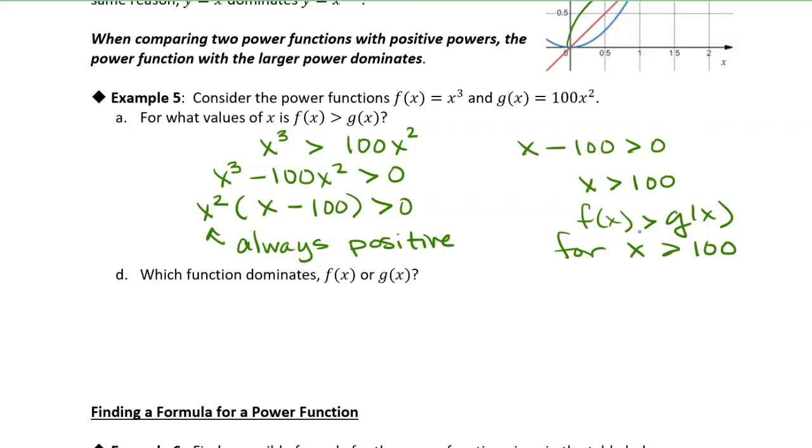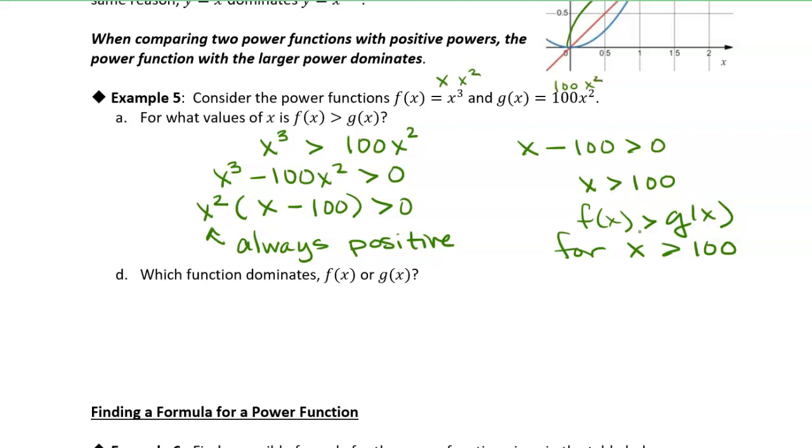All right. So when x is greater than 100, then it takes over. And that sort of makes sense because 100 cubed would be 100 times 100 times 100, right? And 100 times 100 squared would be 100 times 100 times 100. And then from there on, if x gets bigger, then this is essentially x times x squared, and this is always just going to stay 100 times x squared.